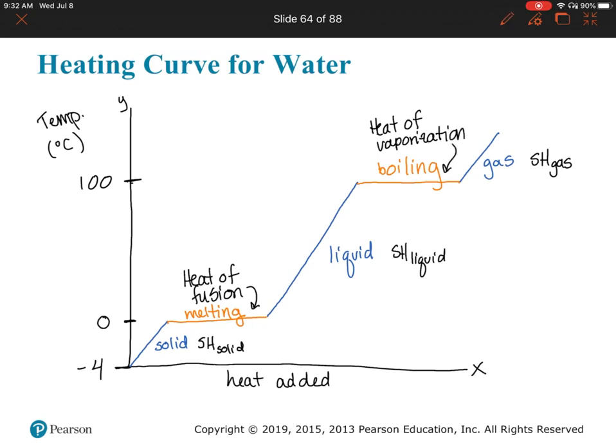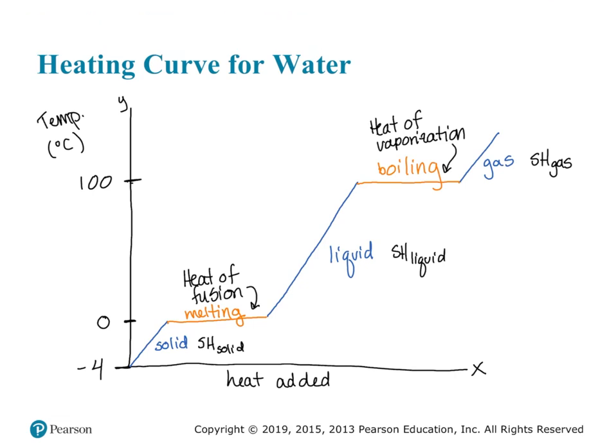All right. So let's say, for instance, we wanted to figure out how much heat we have to add to 20 grams of ice in order to melt it and then boil it. We would need different equations for each step of this heating curve. So let's go through that.